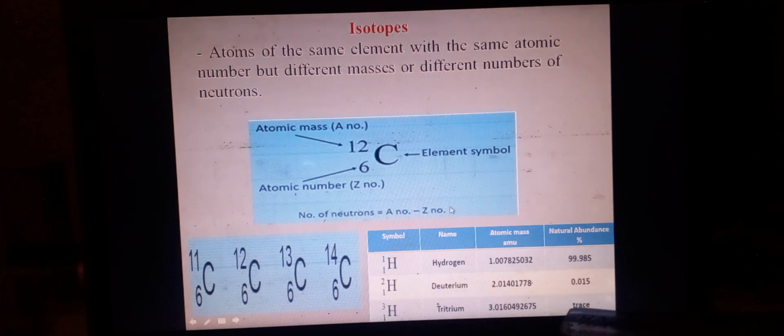The last one is listed as trace, which means it contributes a negligible percentage to the total mass. When you take this one plus that, it basically gives you 100%, because the sum must be 100%. So the last one's contribution is negligible.